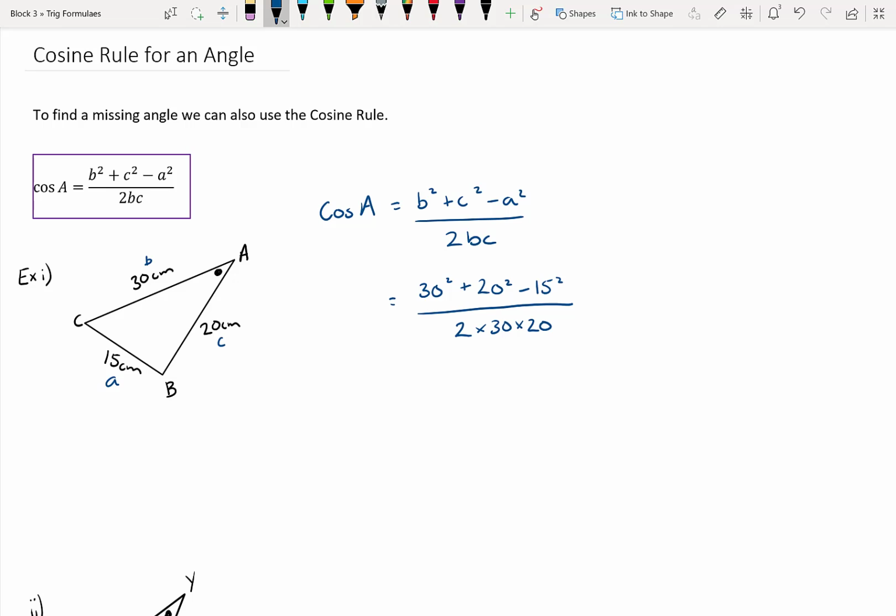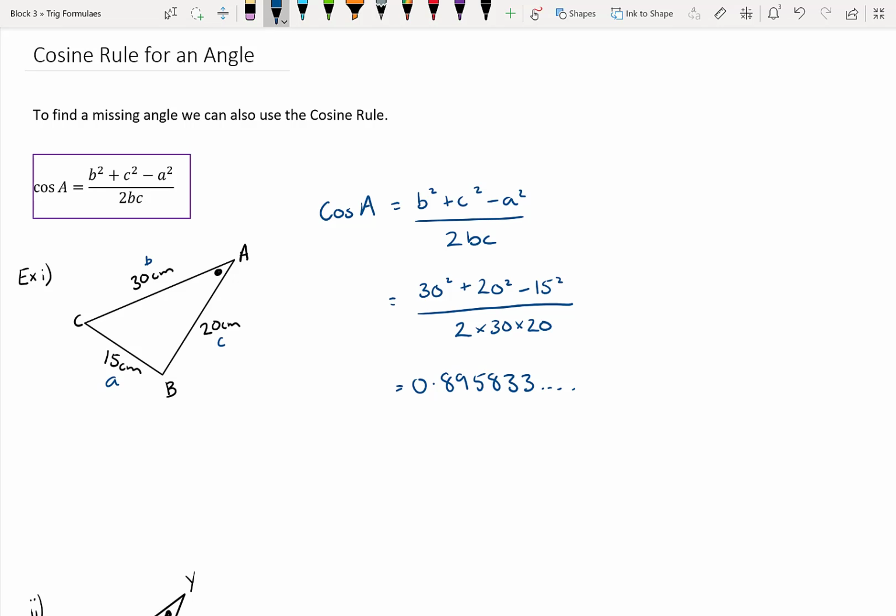Okay, and this is a good opportunity to have bought a scientific calculator because you can ask it to do all of this in one handy line. And that is going to give us 0.8958333333.